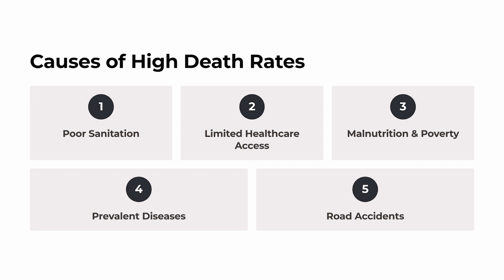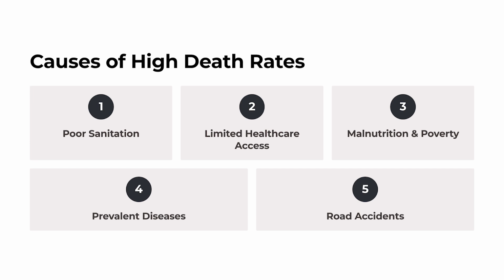Diseases like malaria, cholera, and tuberculosis continue to cause many deaths, especially where prevention and treatment are limited. And finally, road accidents. Many lives are lost each year due to unsafe roads and reckless driving. All these factors increase death rates and slow down population growth. That's why improving sanitation, healthcare, and safety is so important for saving lives and helping a country develop.